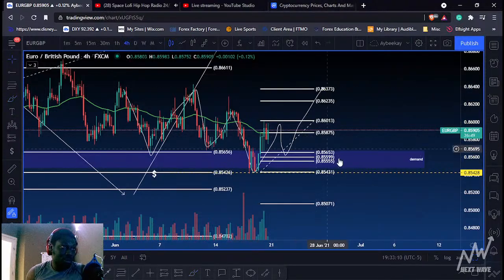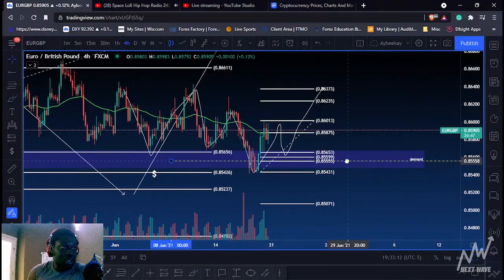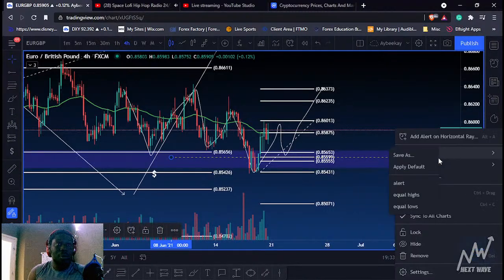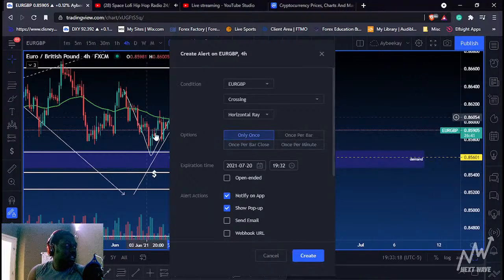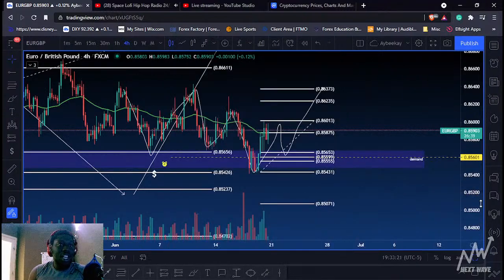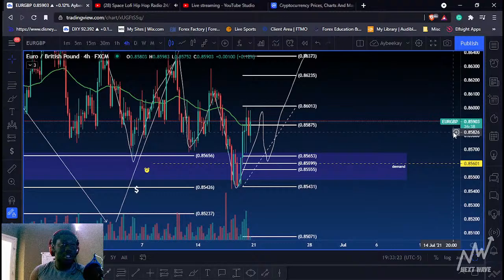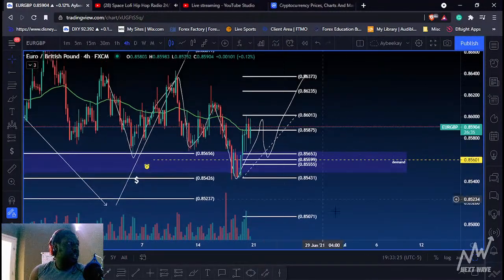So I'm looking for 0.8559, and I'm going to set an alert here. I thought I had set an alert on that one before, and that's what I'm going to be looking for, a position to get into on Euro GBP. So I'm going to be watching for that either tonight or tomorrow night for the London session, because that's probably when it's going to end up happening.